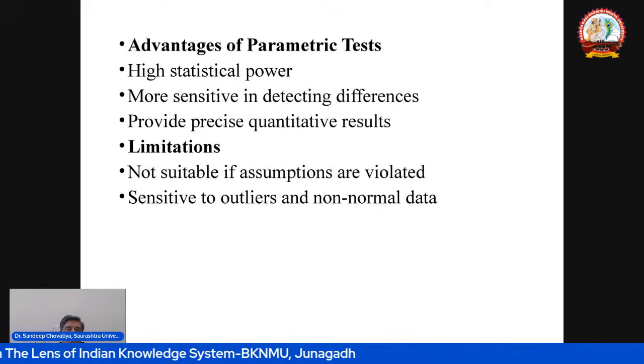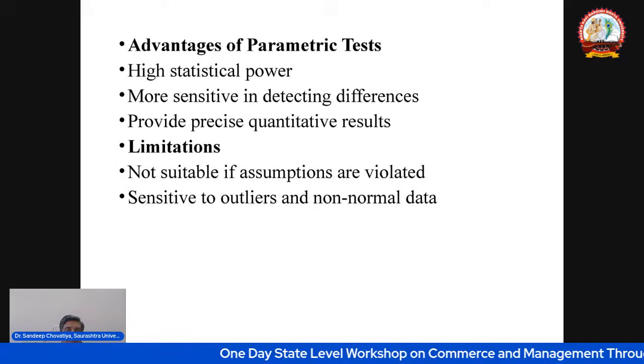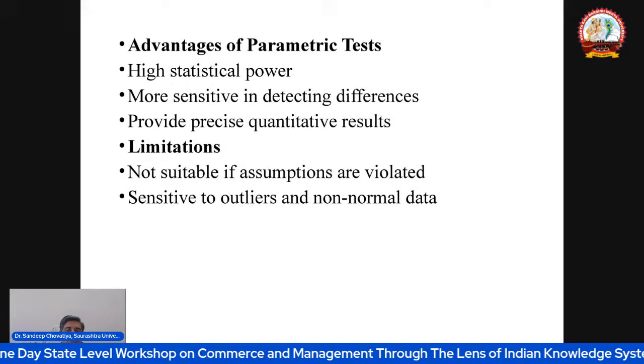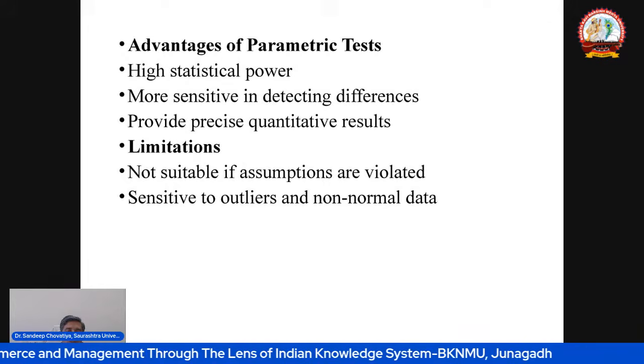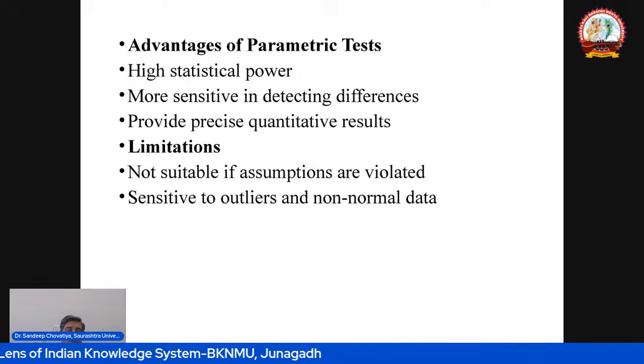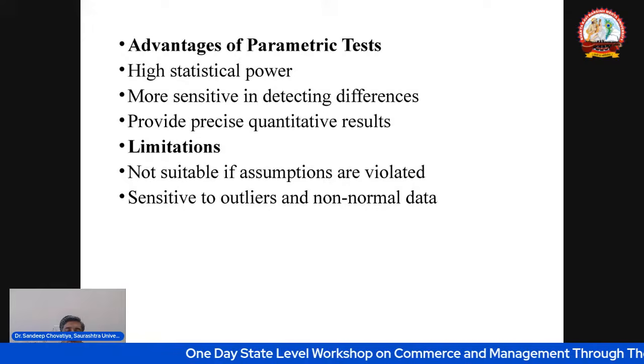Which are the advantages? High statistical power, more sensitivity in detecting differences, and precise quantitative results. Limitations: they are not suitable when the assumptions are violated, and they are sensitive to outliers as well as non-normal distribution.